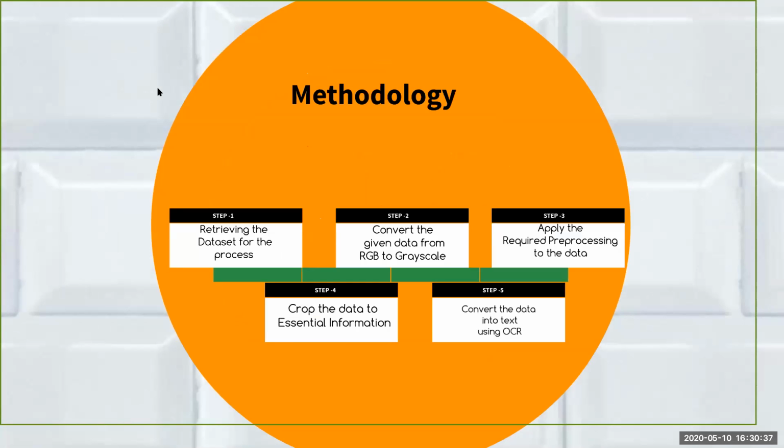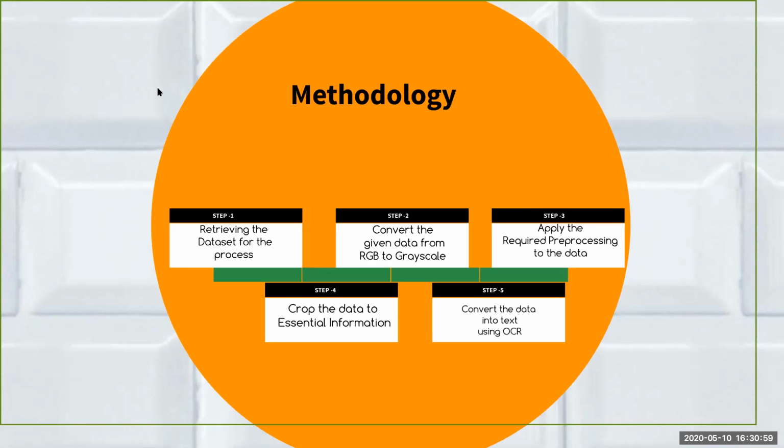Step 2 is, once we get the data, we convert it into grayscale, so that it will differentiate the foreground and background, and make it clear so that we can take only what we need from the ID card.